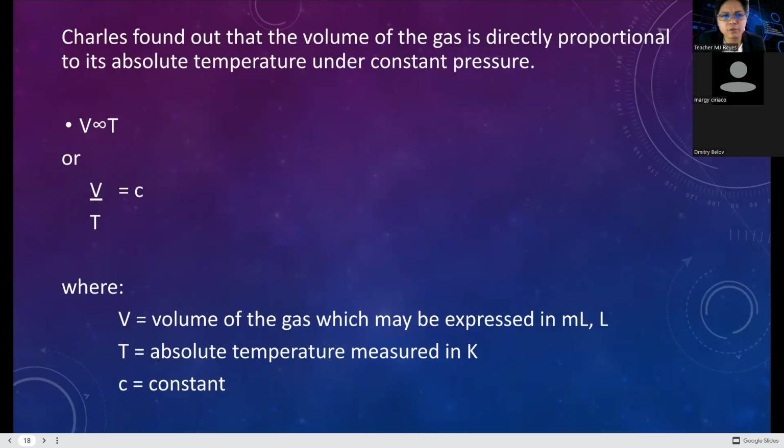How about Margie? What do you mean by directly proportional? When you say directly proportional, this means that what?